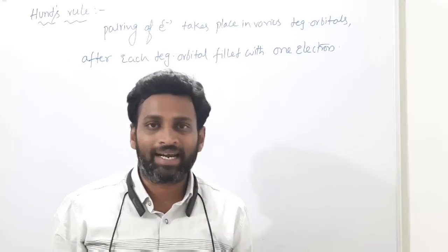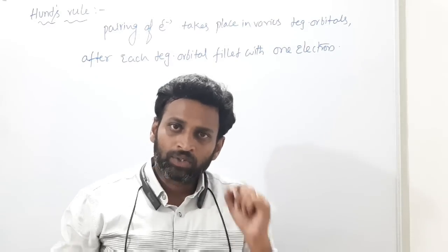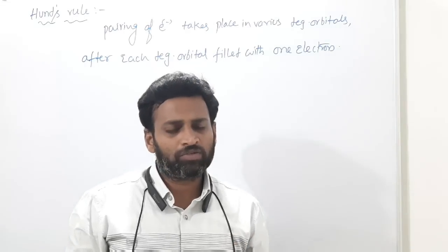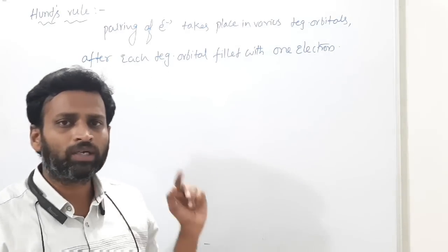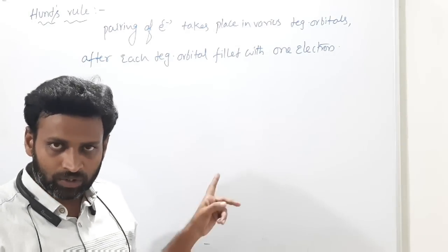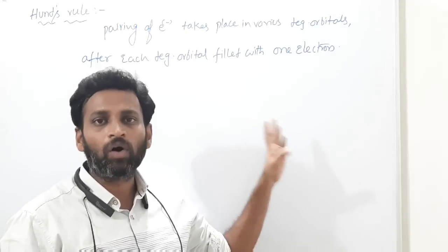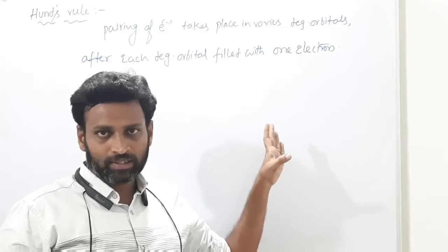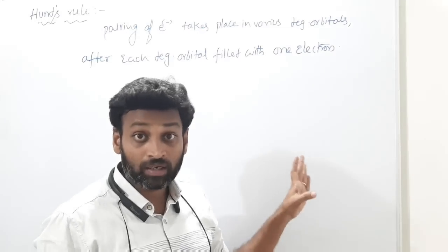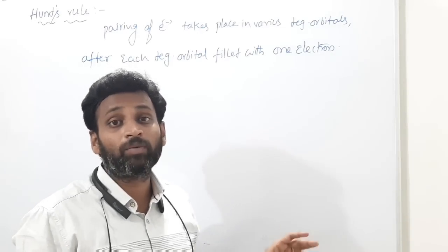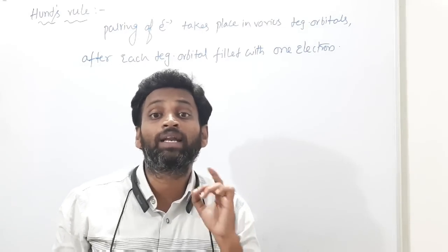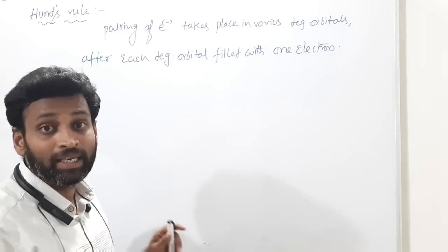So it's very important or not? Very, very important. So what is Hund's rule? According to Hund's rule, the pairing of electrons in various degenerate orbitals takes place after each degenerate orbital is filled with one electron. Then only pairing takes place.